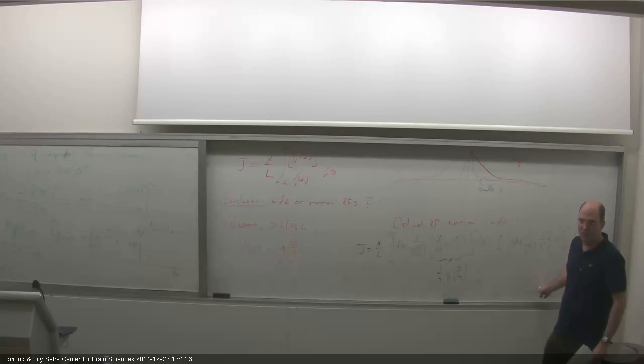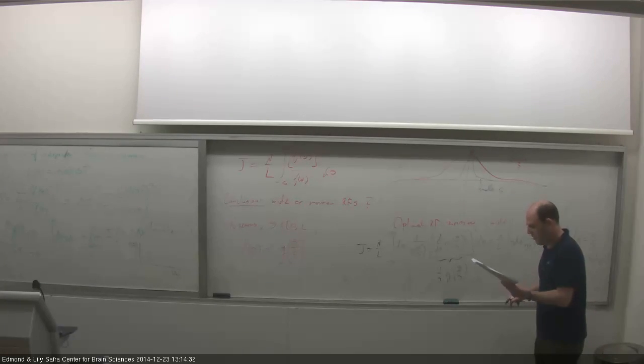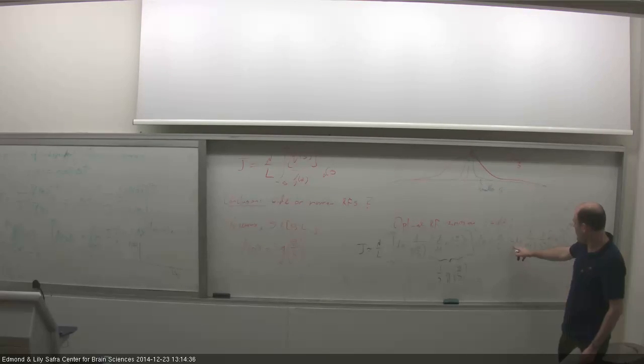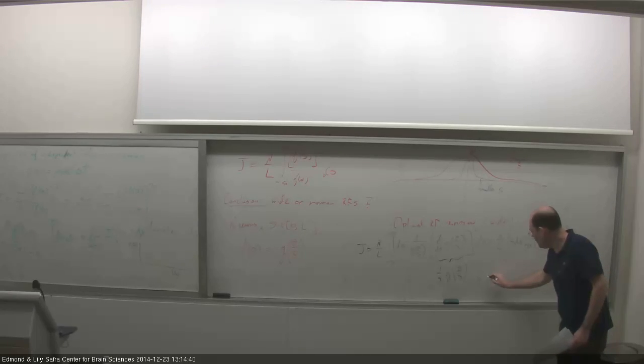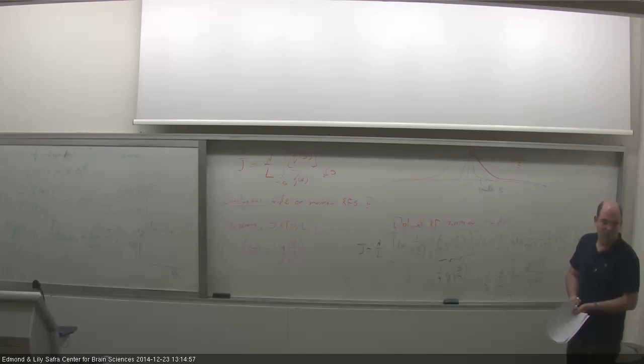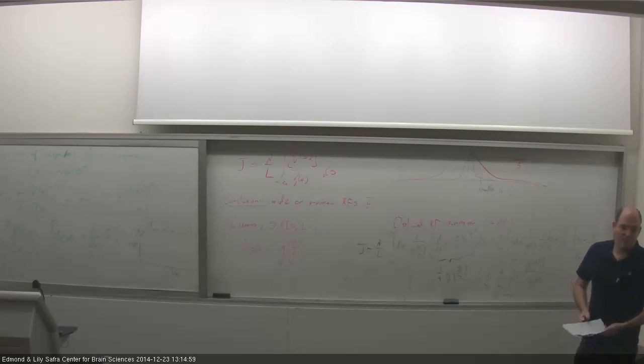No objections? Okay. So now you see here that I have an s, and here I have 1 over s squared. So overall I have 1 over s times N over L integral dx g prime of x squared divided by g of x. And the integral is from minus infinity to infinity. Right?